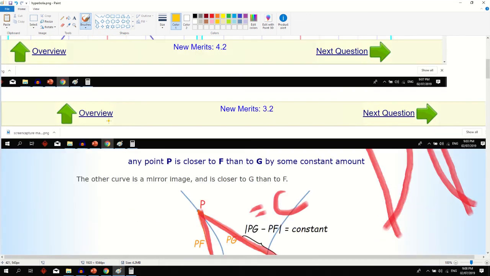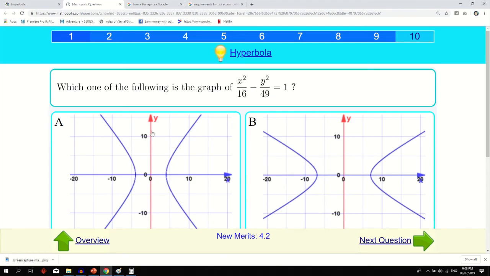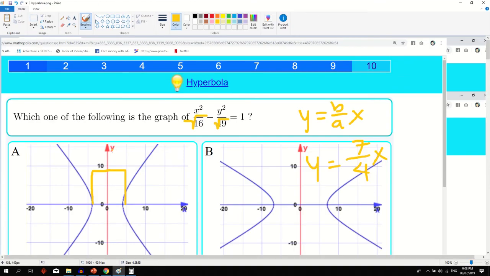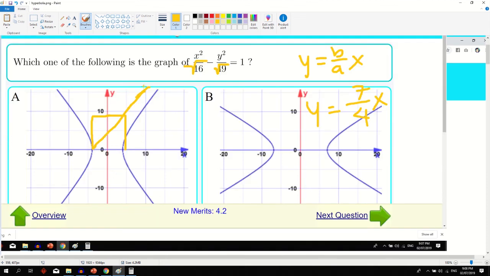Okay, that is the one. Or 7 high, 4 low. Hmm. This could be the one because it won't touch that one, right? It could be just like that.